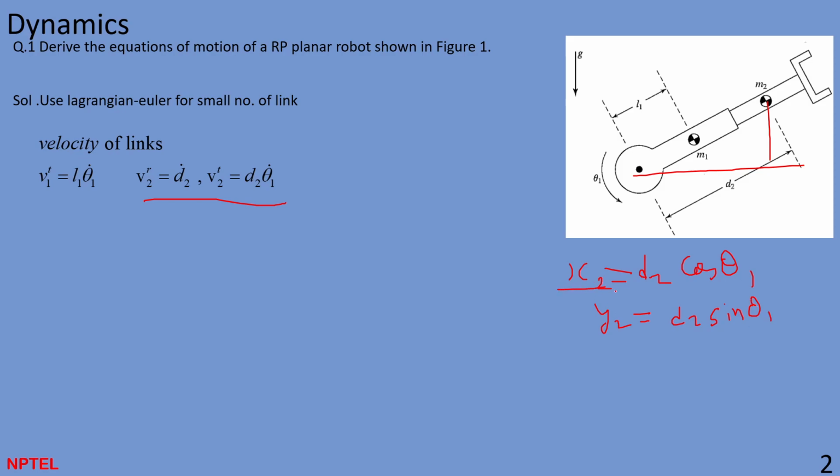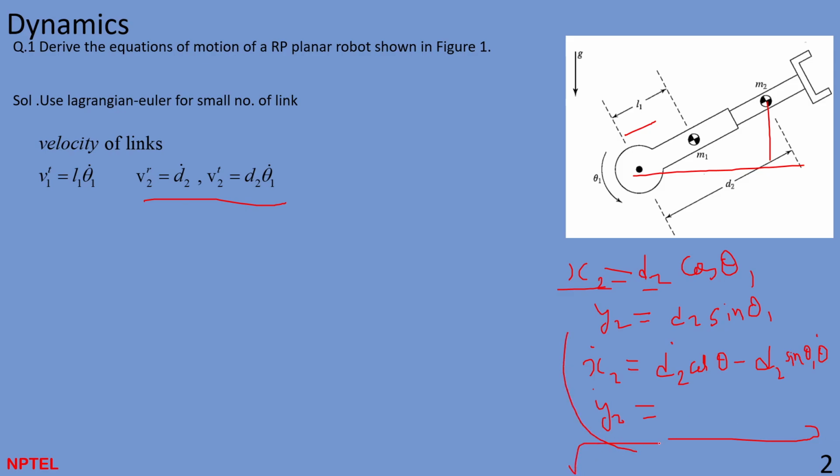When you differentiate these, please do consider that in this case L1 is constant, but here d2 is changing, because it's a prismatic joint. When you differentiate, a product rule applies here. So it will be d2 dot cos theta one minus d2 sine theta one theta one dot. This will be x2 dot, and it will be the same for y2 dot.